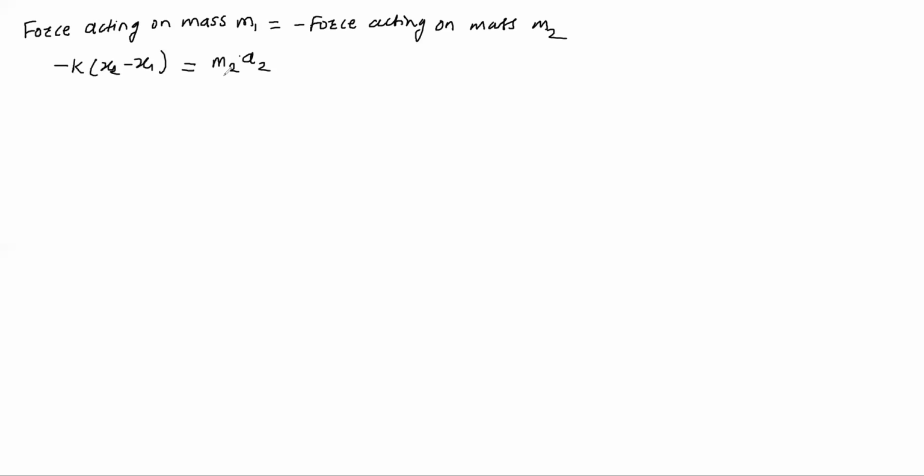Similarly, we also write down for the second extension, x2 minus x1 is equal to m1 times a1. So these are the two equations.